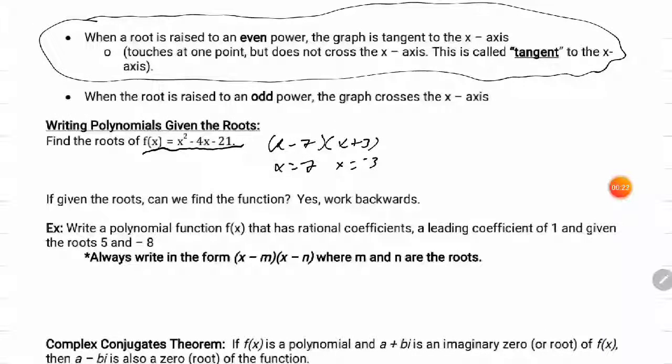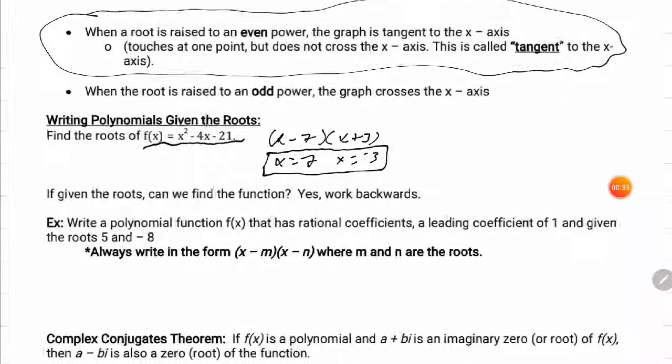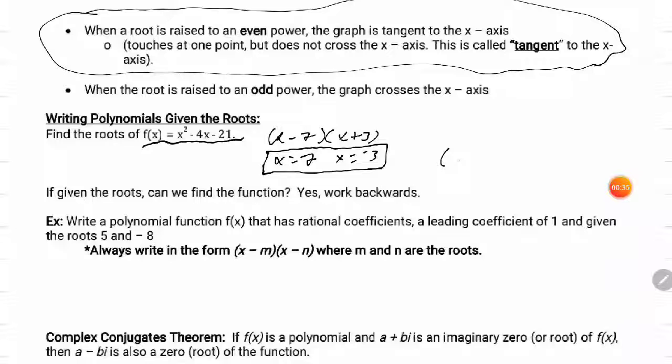Now, if they started the question with our roots are 7 and -3, write a polynomial, what you would do is you would just say x minus 7 and then x plus 3, and then you would multiply. You would FOIL. And that would give you x squared minus 4x minus 21. That's an easy one. Let's go to the next example.